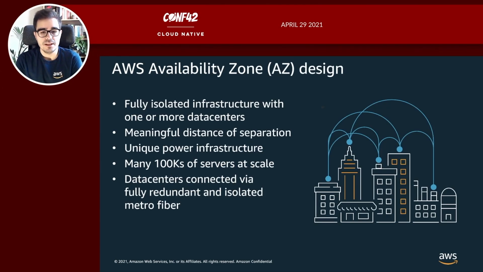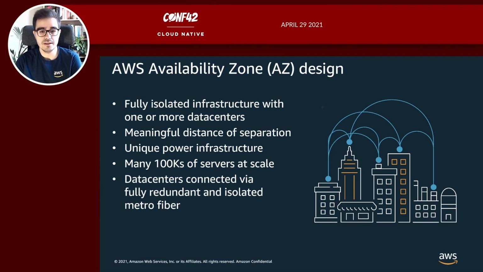Now, each availability zone is a fully isolated partition of the AWS global infrastructure. This means that it is physically separate from any other availability zone by a meaningful distance, such as many kilometers. Each availability zone has its own power infrastructure.